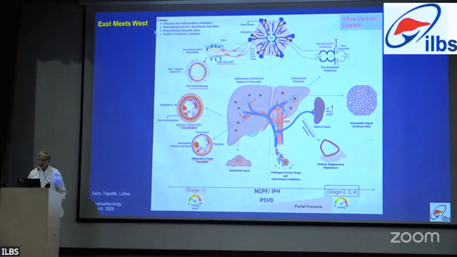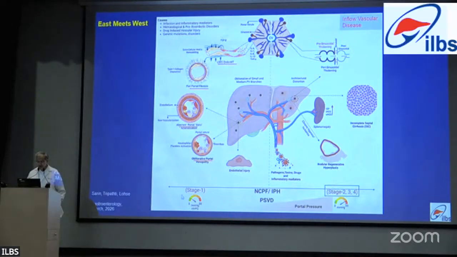Now, common causes for this inflow vascular disease, NCPF are infections and inflammatory mediators. So infections and inflammatory mediators. Hematological and prothrombotic disorders can also cause drug-induced injuries and genetic mutations and disorders. And this diagram beautifully gives you stage 1 where the portal pressure is 5 or less.